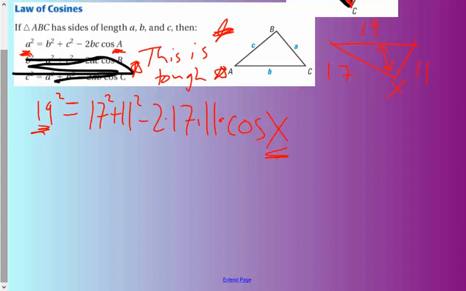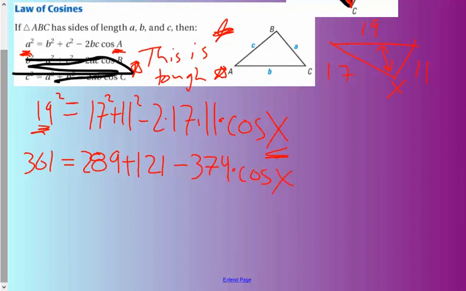So here's what I'm going to do. I'm going to go through the process. You're going to square the 19, you're going to square the 17, and you're going to square the 11. You can do 2 times 17 times 11, and that's 374 times the cosine of x. Here's what kids do wrong. They do 289 plus 121 minus 374.